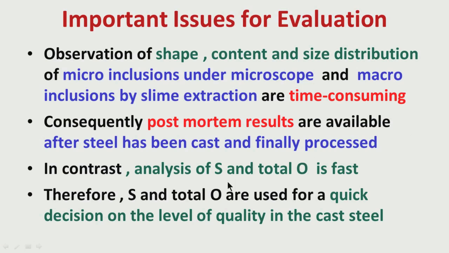In contrast, analysis of sulfur, phosphorus and total oxygen and nitrogen, even hydrogen, is relatively fast in steel. So, using this information we can take a quick decision on the quality level in the cast steel itself and take a disposition decision whether that cast slab should be processed for which type of quality.